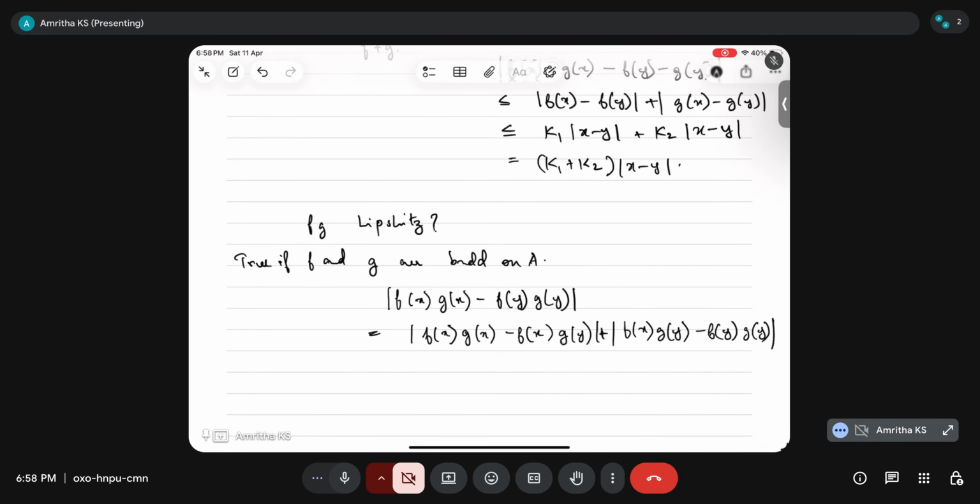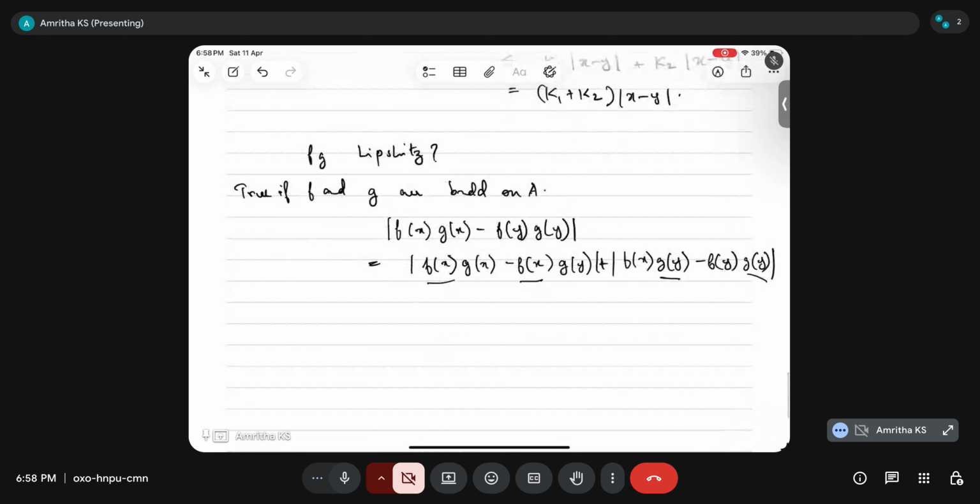Because f is bounded on A, we can take out the supremum of f of x. Here one can take out the supremum of g of y and then use the Lipschitz property of f and g, and then you would get it readily.